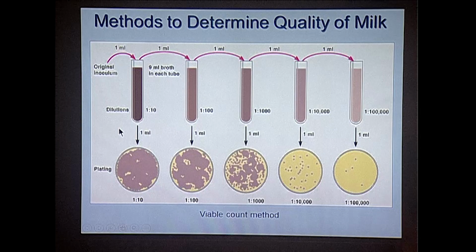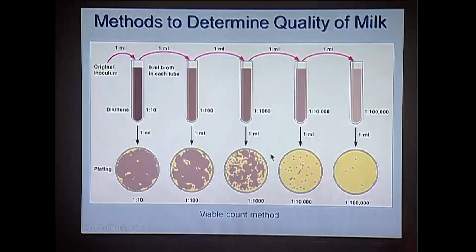Now let us come to the different methods which we can use for testing the quality of milk. There are three main methods: the viable count method, the dye reduction test, and the direct microscopic count. In this method, the milk sample is serially diluted into test tubes.